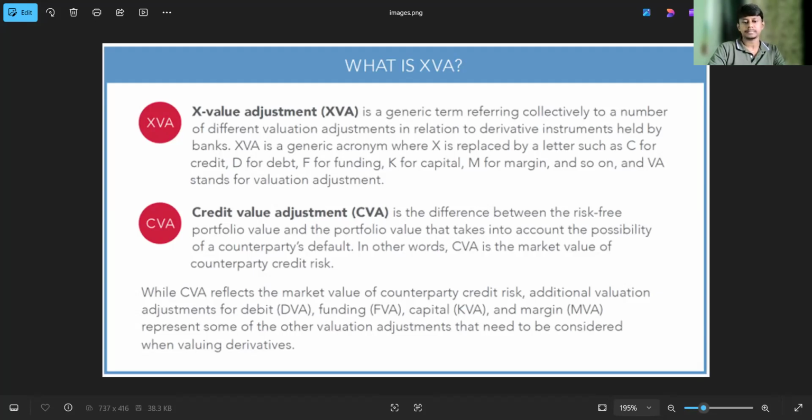Why do banks take all this so seriously? Put together, XVAs can meaningfully change the price of derivatives, sometimes shifting it enough to make or break whether the trade is profitable at all.